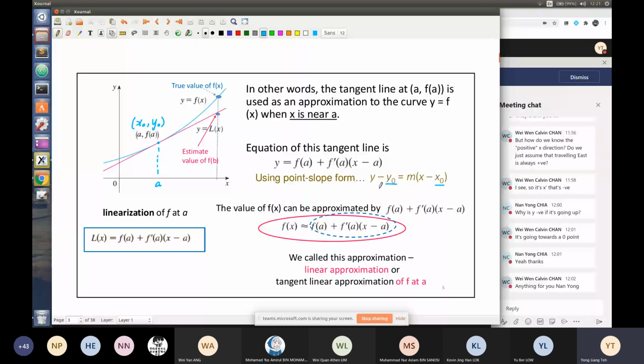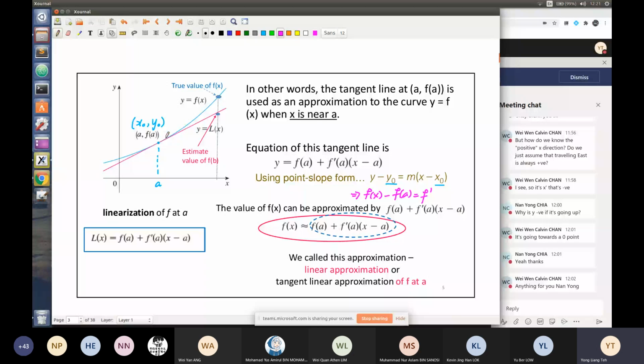then what is this? This y is just f of x. So this equation becomes f of x minus f of a is equivalent to some gradient m, but the gradient is f prime what? And this m is actually taken at this point.